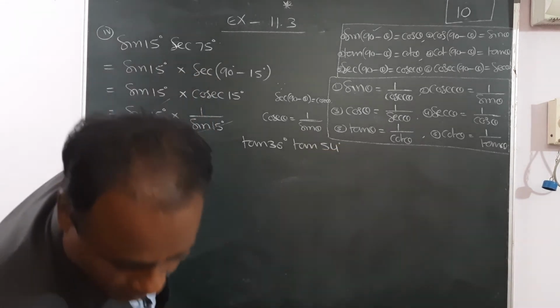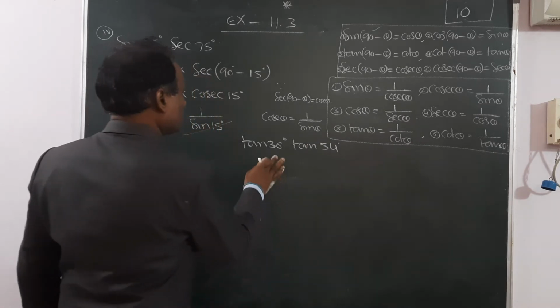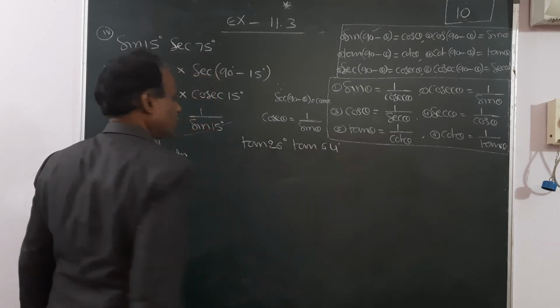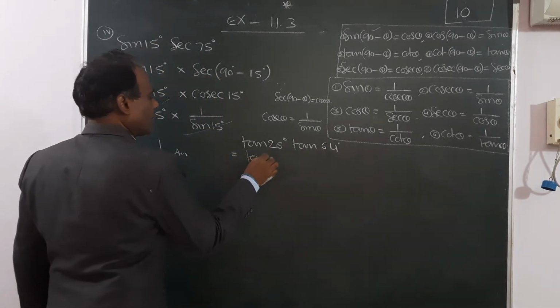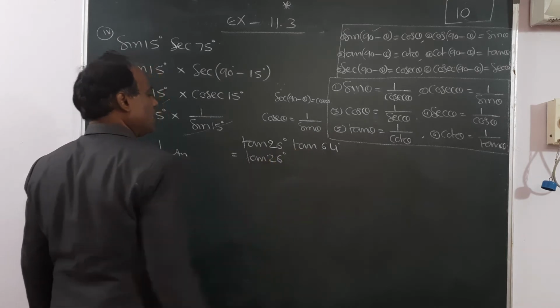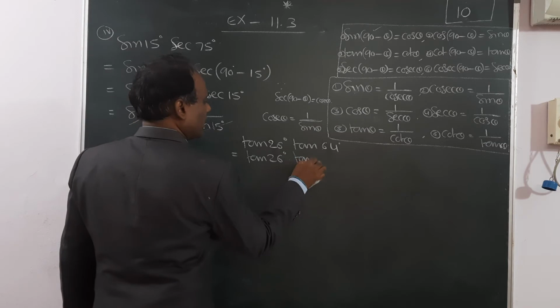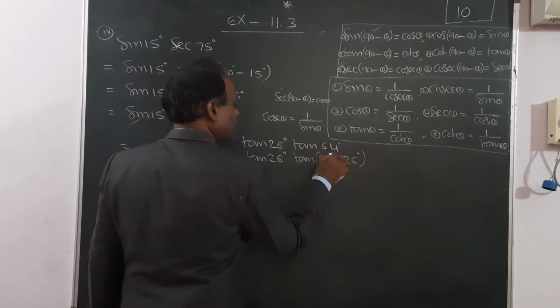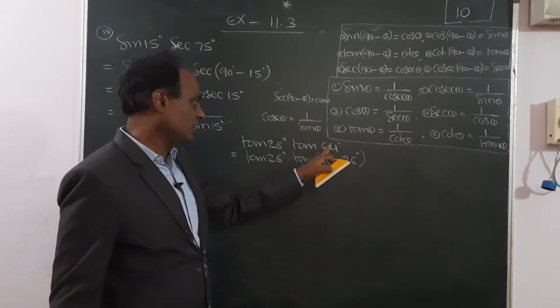Tan 26 into tan 64. See here, how to further simplify? Same complementary angles formula. 64 can be written as 90 minus 26.